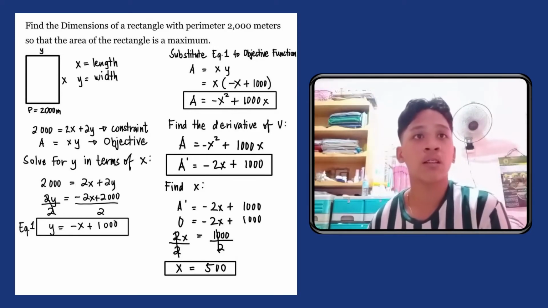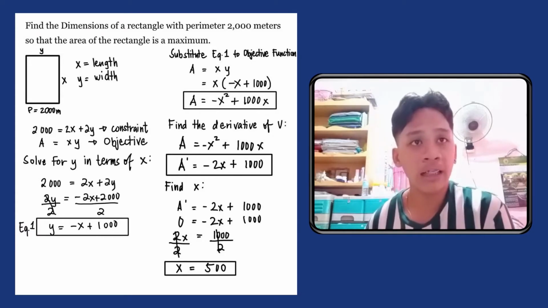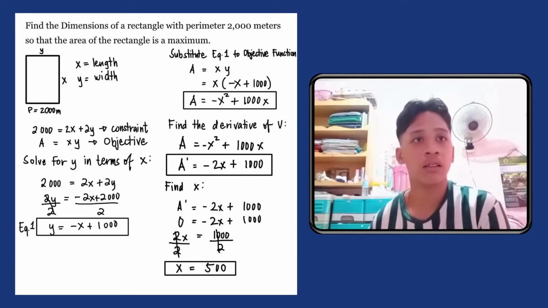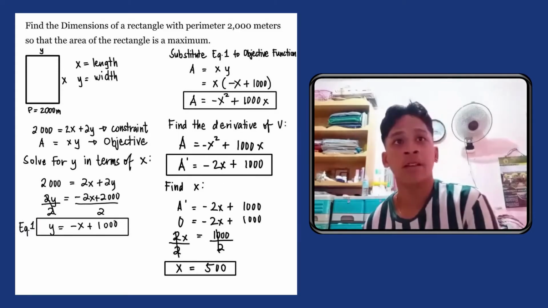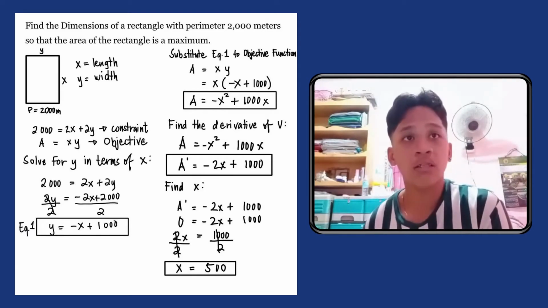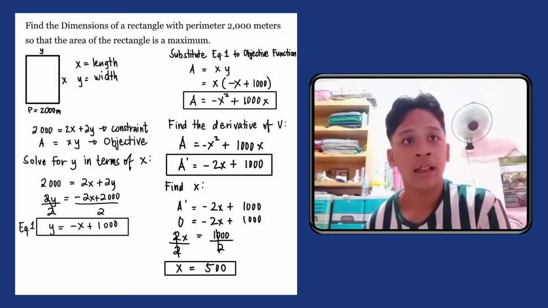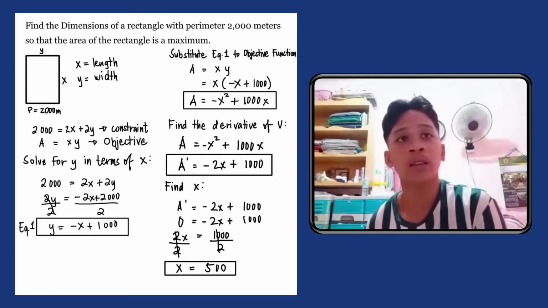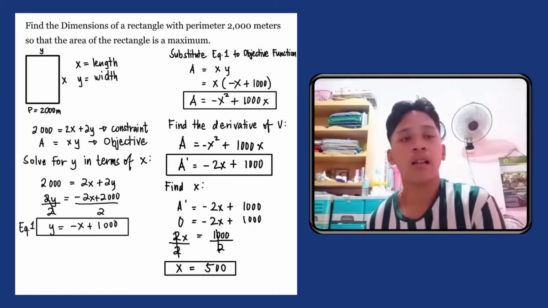Substitute equation 1 into the objective function. A equals xy equals x times (negative x plus 1000), so A equals negative x squared plus 1000x. Find the derivative of A. A prime equals negative 2x plus 1000.